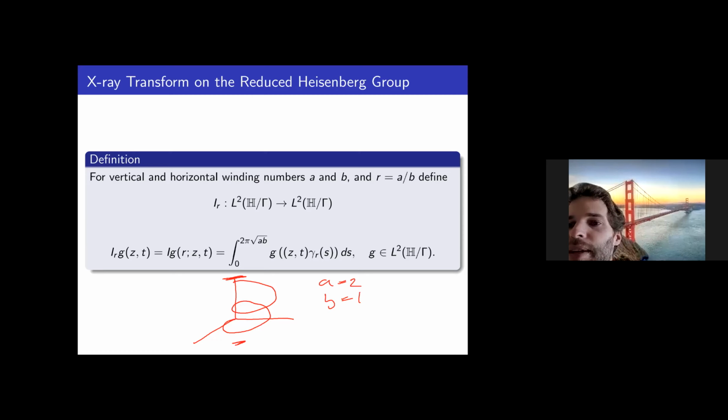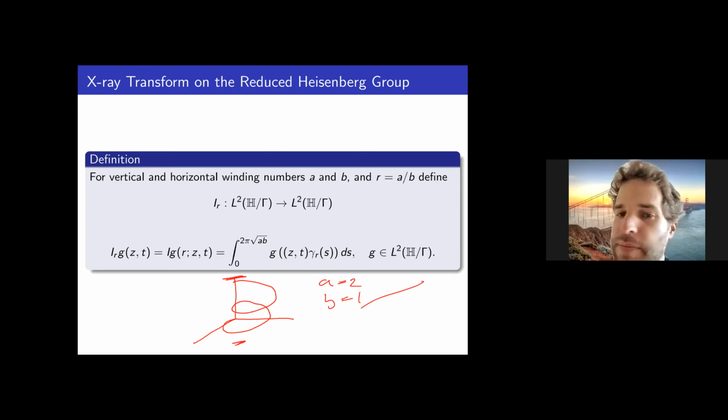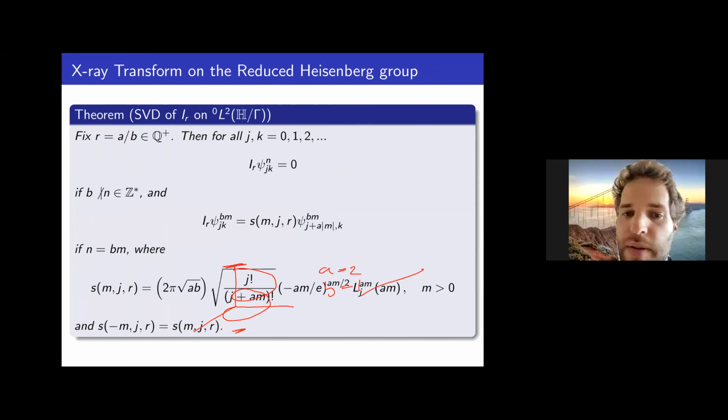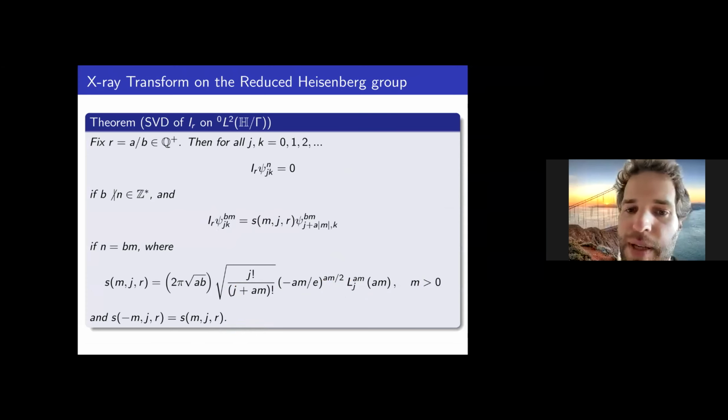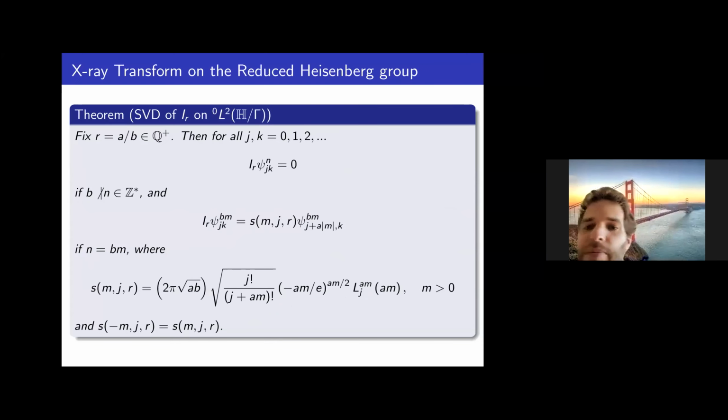And we can play the same game and ask whether or not this is an injective X-ray transform. And we can't actually say a lot about this. We can essentially write down a singular value decomposition for this operator, which is a little bit easier than the full Heisenberg group case, because we have essentially compactified the problem in a serious way.